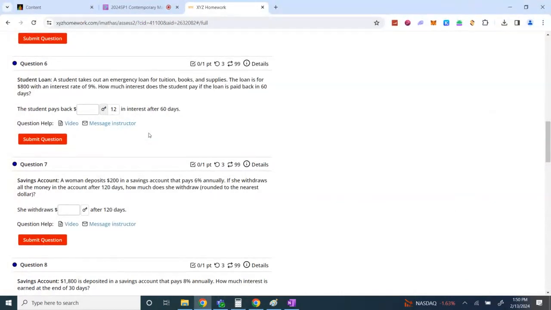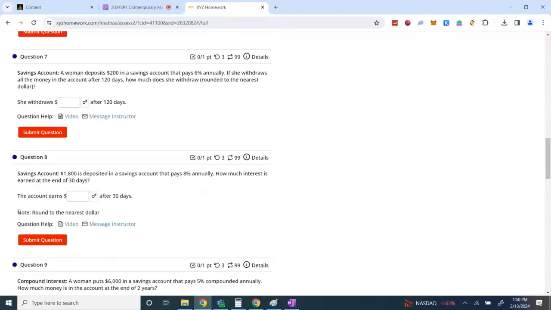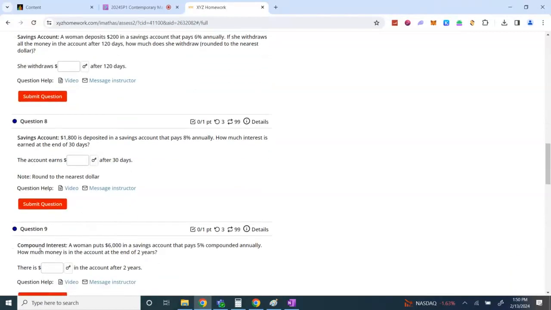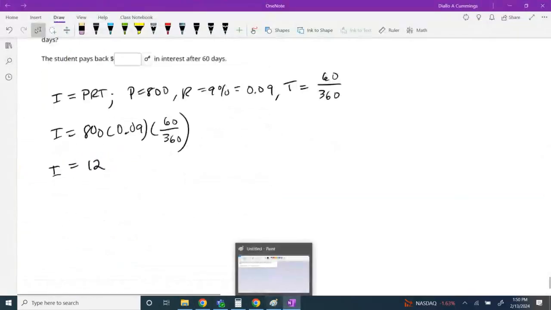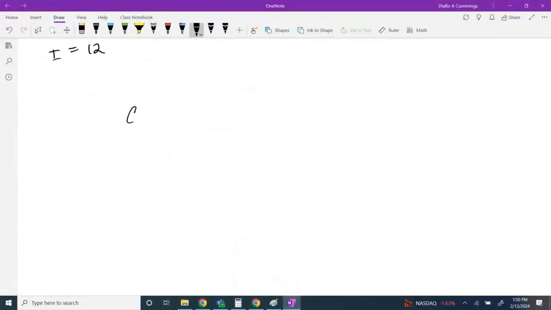All right, so those are the simple interest type problems. Now the problems that say compound interest, and it will specifically say compound interest, you're using the compound interest formula. And here's that formula.